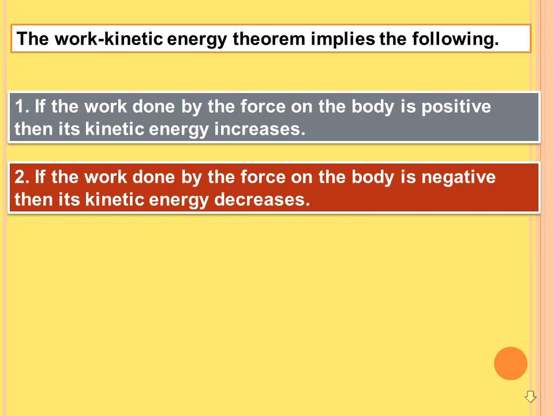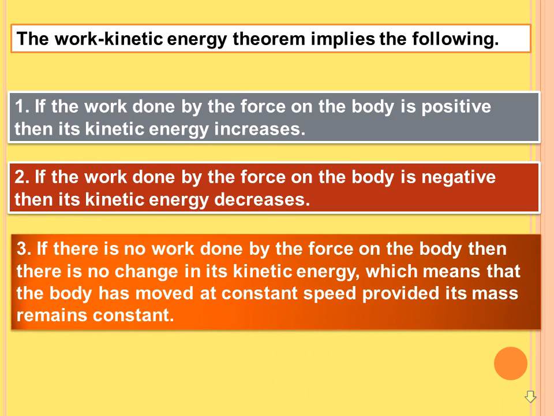If the work done by the force on the body is negative, then its kinetic energy decreases. If there is no work done by the force on the body, then there is no change in its kinetic energy, which means that the body has moved at constant speed, provided its mass remained constant.